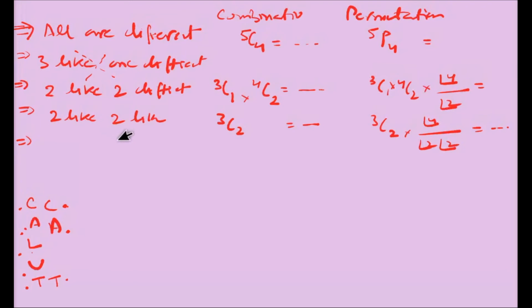So any other ways you can find out: 4 different, 2 alike 2 alike, and 2 alike 2 different. 3 different, 1 alike is not meaningful. If there is any other type of combination, we can use it here. In other questions it may be 3 alike, so we can use it, but in this question we cannot.